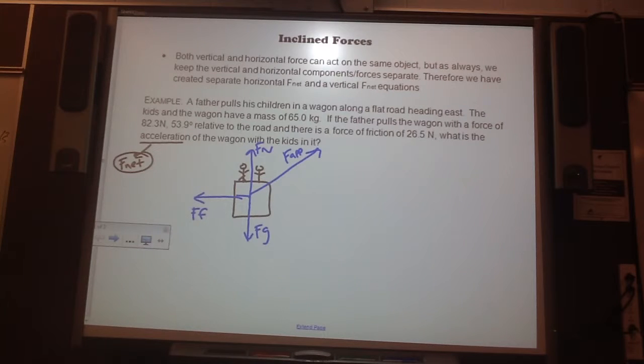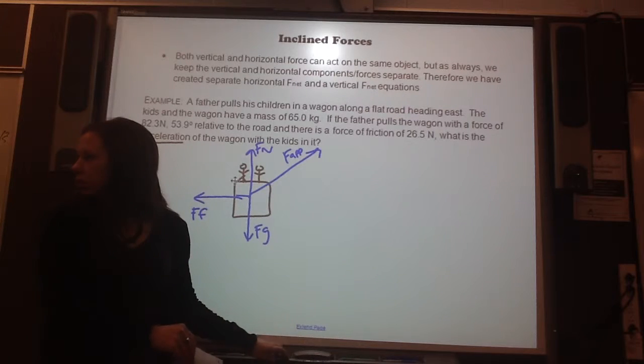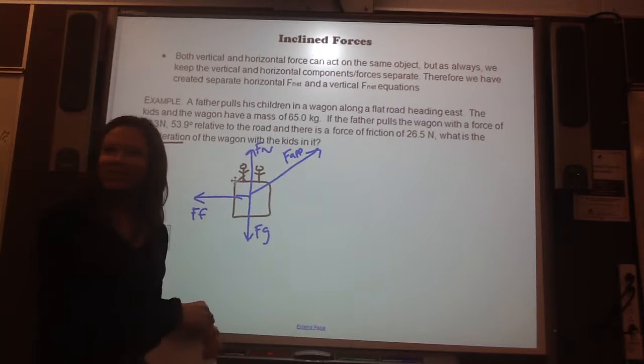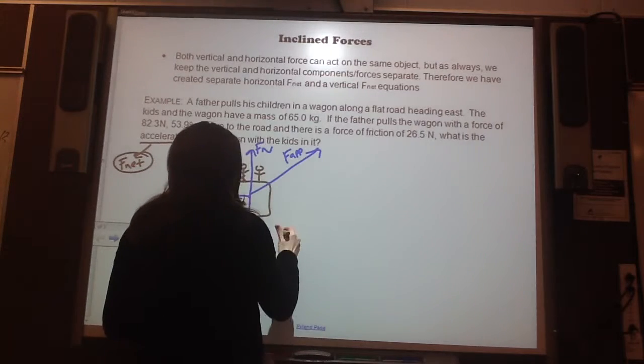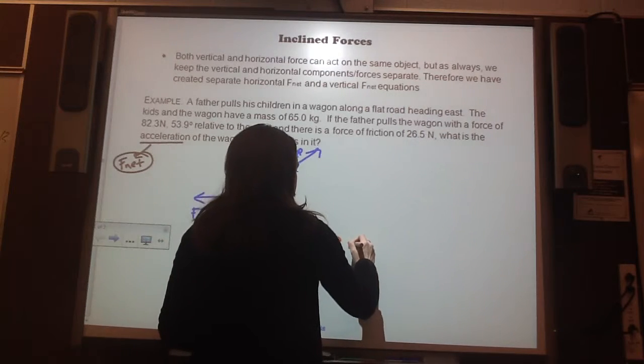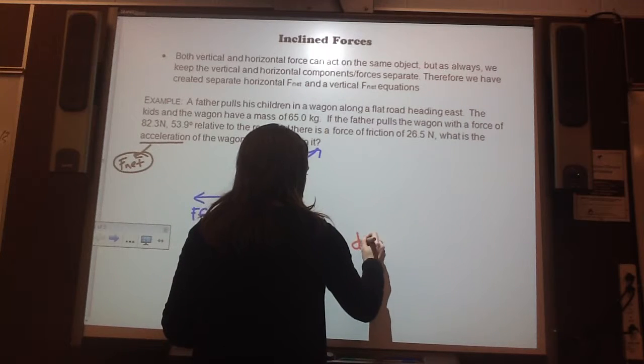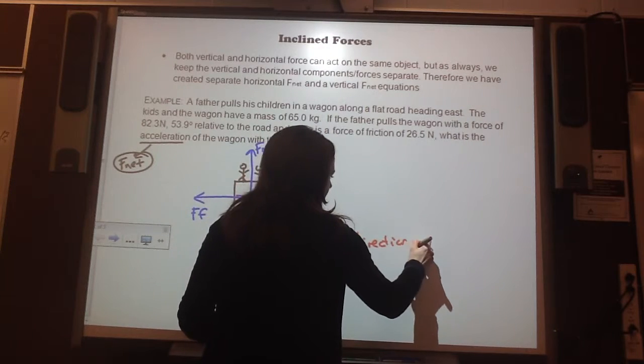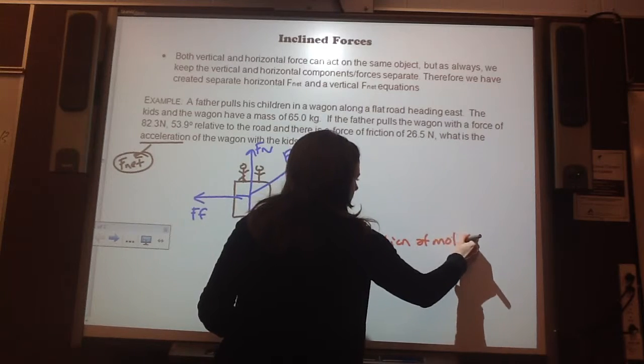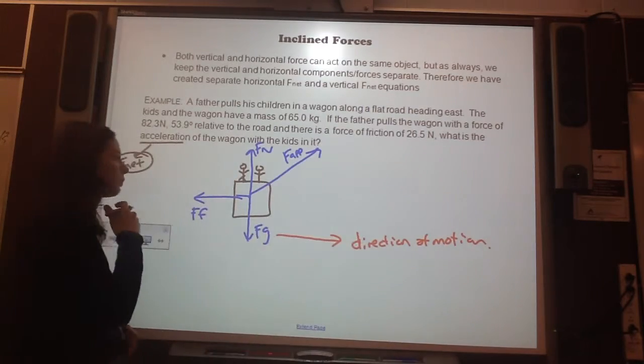So the angle is where the force is coming from, but we still have horizontal movement. I'm just going to put here, direction of motion, I assume is going this way.